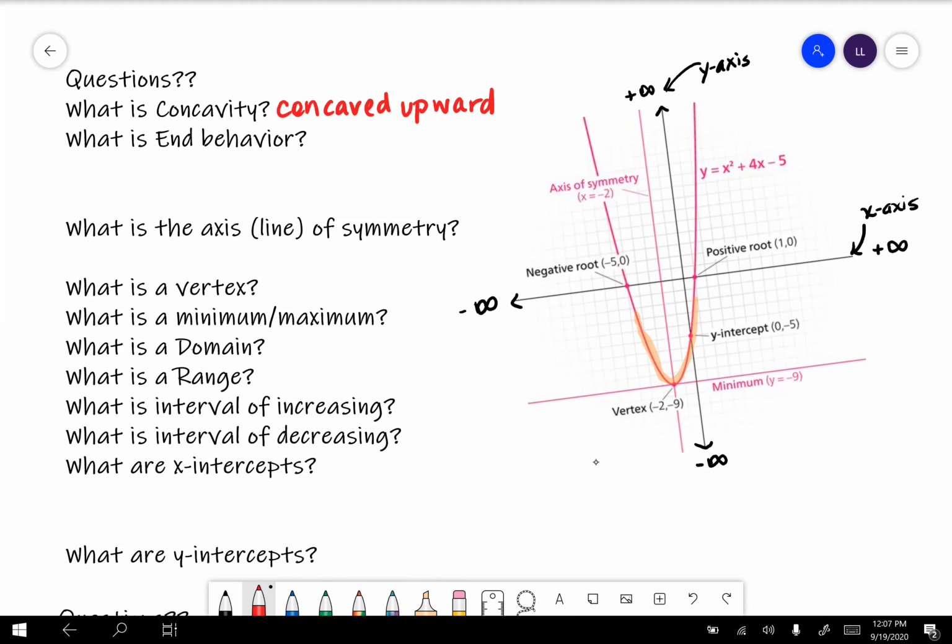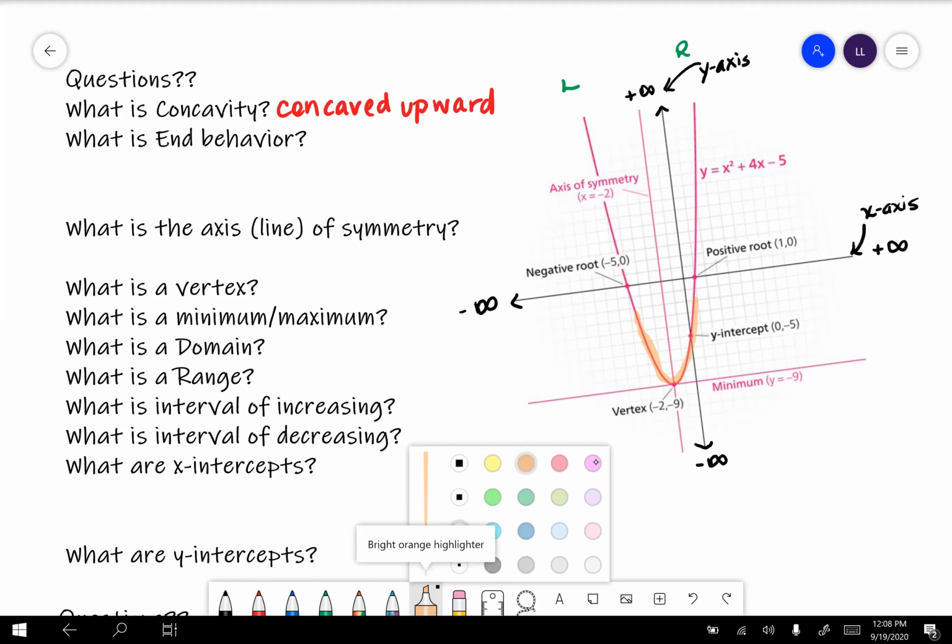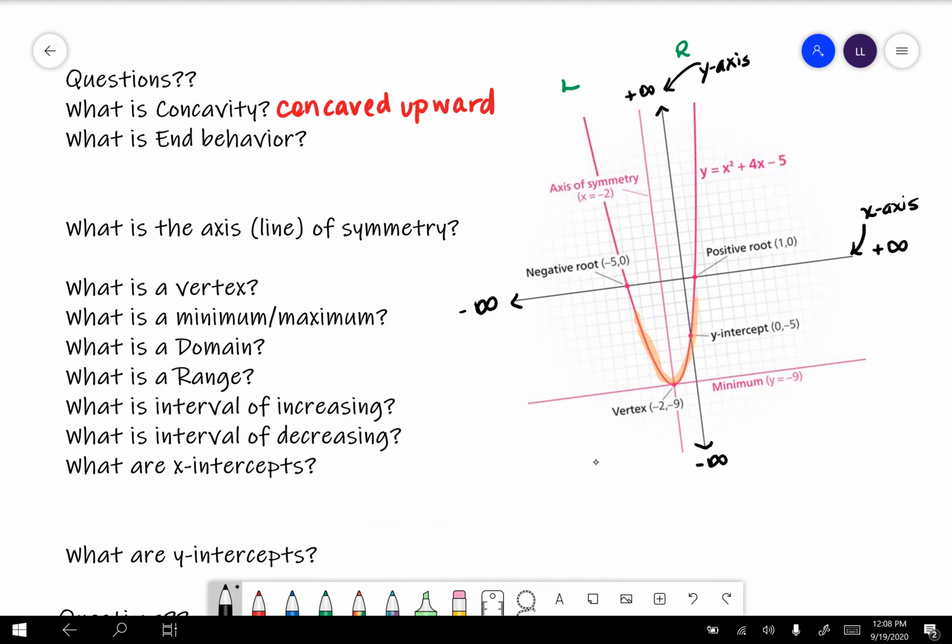Now we're ready to talk about end behaviors. With end behaviors, we're talking about what's happening on the left-hand side and what's happening on the right-hand side. On the left-hand side, the way we say it mathematically is by saying as x approaches negative infinity.